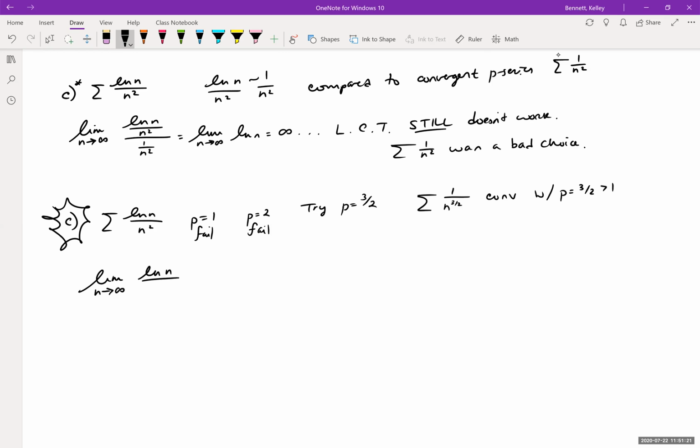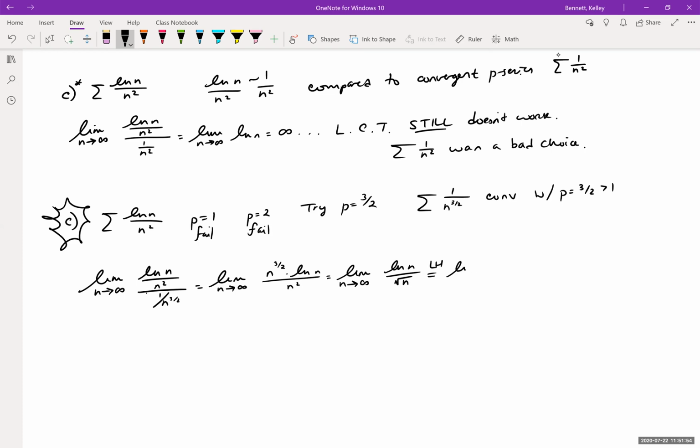ln of n over n squared over 1 over n to the 3 halves. Okay, so simplifying this, I'm going to get n to the 3 halves times ln of n over n squared. So what I get is the limit as n goes to infinity of natural log of n over root n. So this is prime for L'Hopital, infinity over infinity.